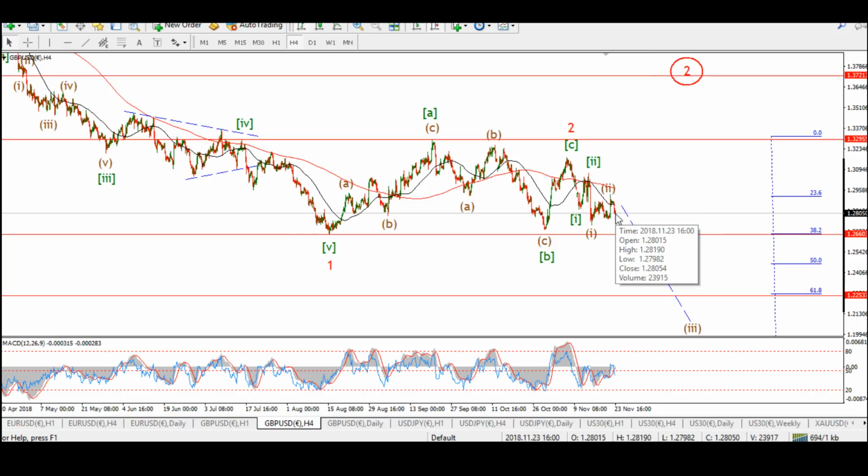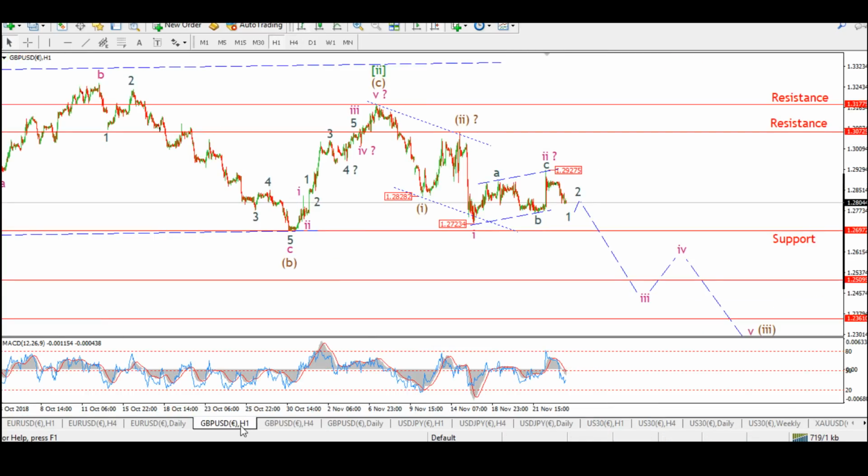Given these clear patterns and the lesser likelihood of this alternate count, this bearish count is more probable than in Eurodollar. So for next week, it's probably a definite downside bet on pound dollar.